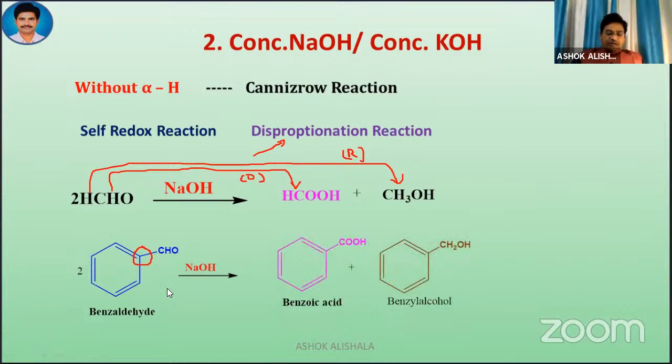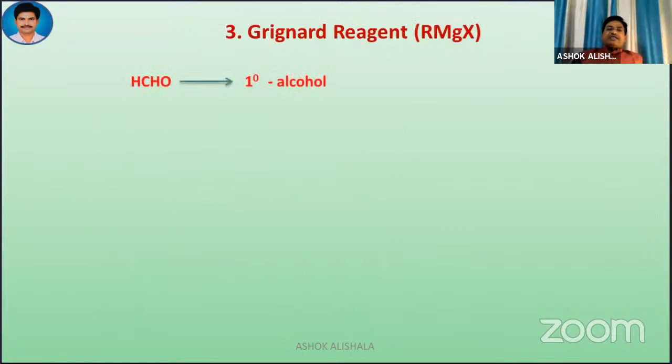That is, one benzaldehyde molecule converts into benzoic acid. Another benzaldehyde molecule converts into benzyl alcohol. Therefore, conversion to benzoic acid is called oxidation, and conversion of aldehyde into benzyl alcohol is called reduction. Therefore, this reaction is an example of a disproportionation reaction.